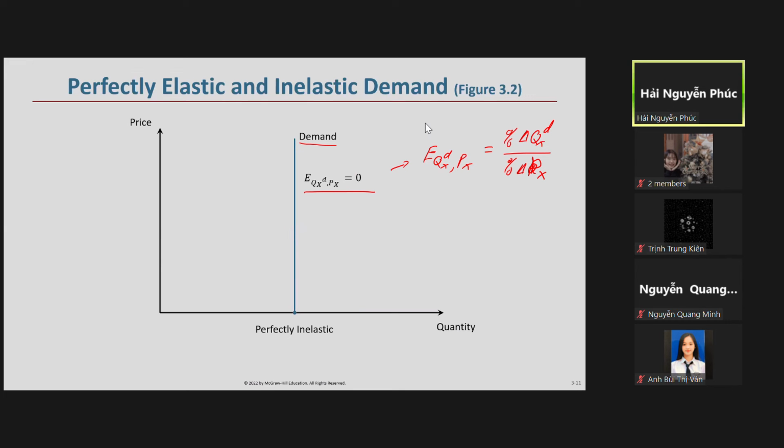In this situation, when the price changes, the quantity demanded remains unchanged, so this equals 0. This is the situation of perfectly inelastic demand. We say that demand is perfectly inelastic, right?